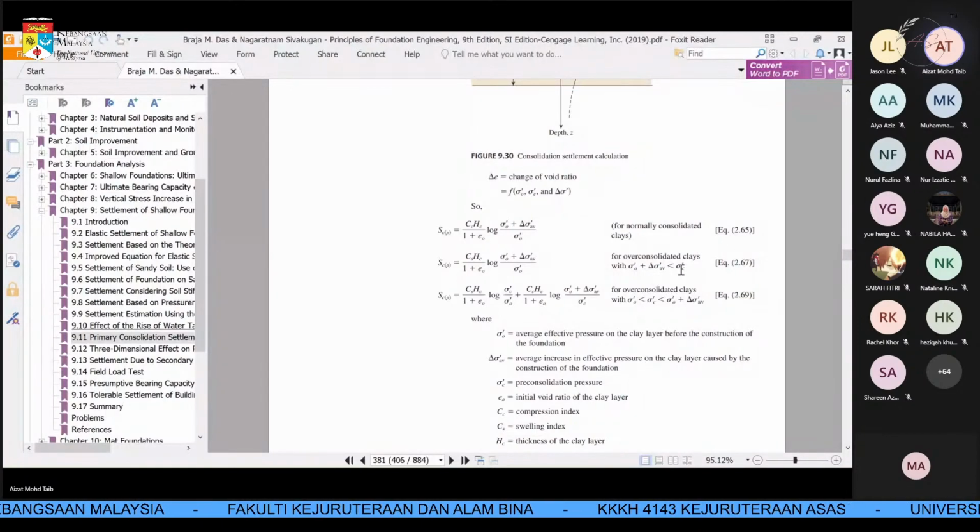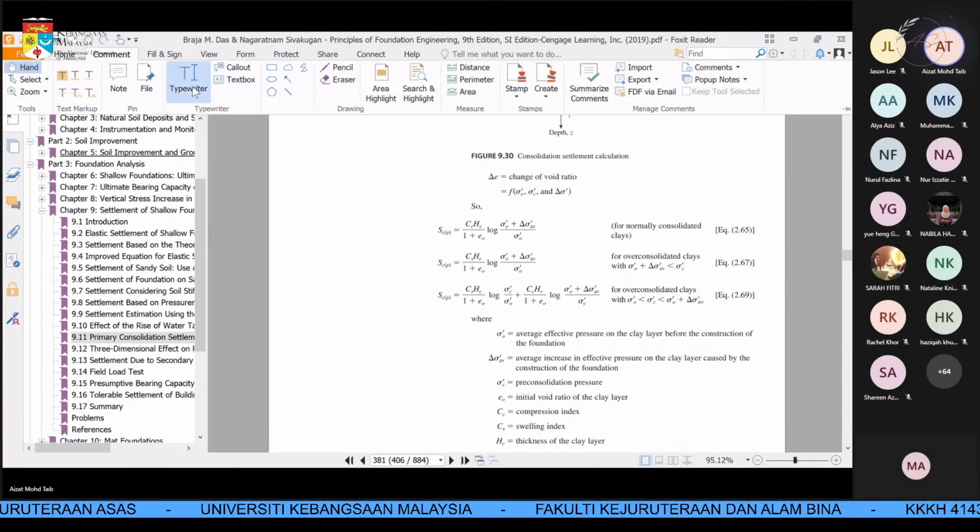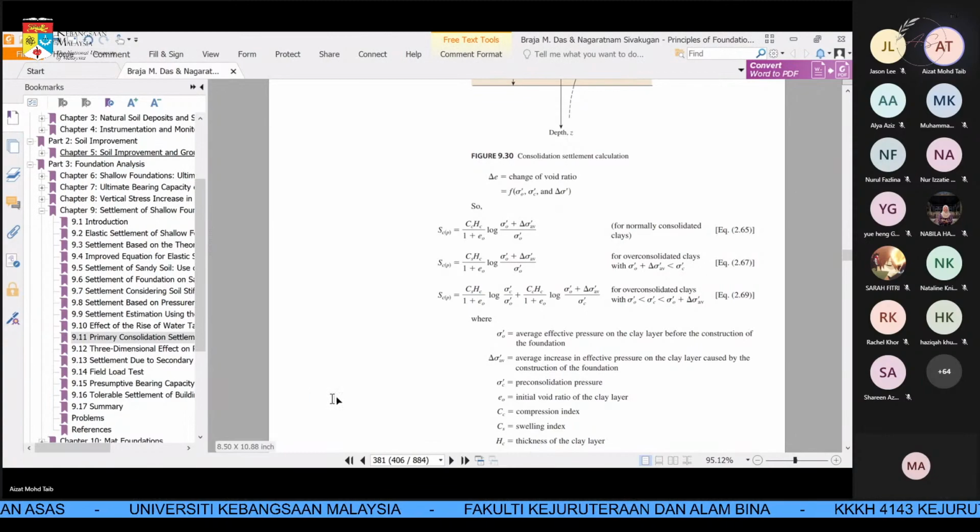Okay, so katakan kalau pre-consolidation pressure dia lagi besar, okay, so you use this equation where you just include swelling index. Okay, so swelling and compression ni dia hanya ada untuk clay soil. Okay, because clay soil is considered as expansive soil. Okay, bukannya expensive, mahal tu, dia expansive.